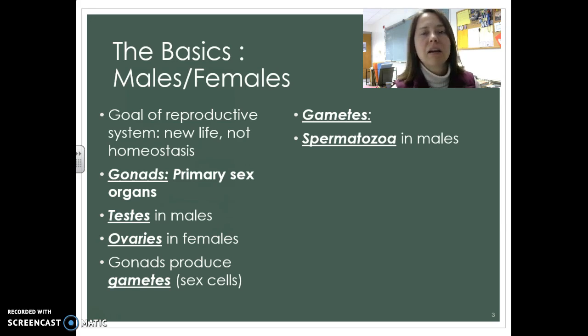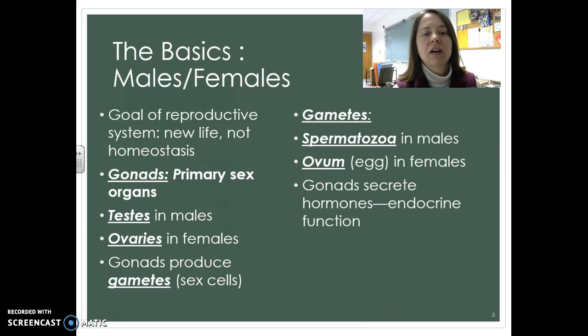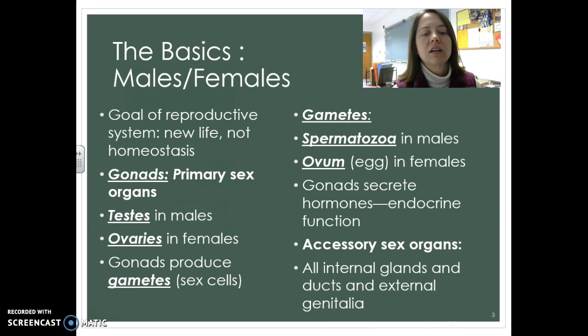So the gametes in males are spermatozoa, sperm, and ovum or egg in females. Also, the gonads secrete hormones, which is their endocrine function. There are also accessory sex organs, which includes all internal glands and ducts and all external genitalia.